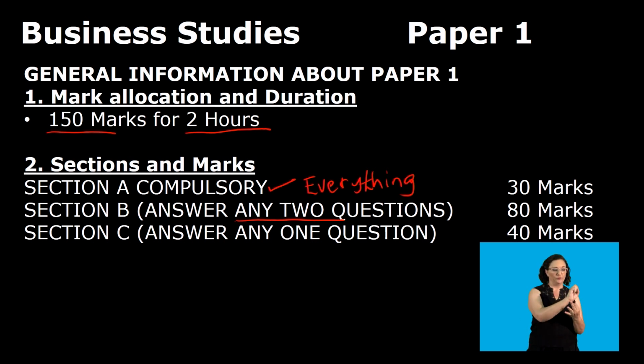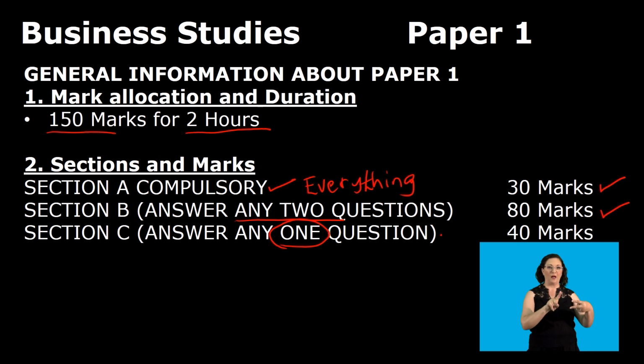I hope I'm clear. Section A is compulsory. You answer everything under Section A, and it consists of 30 marks. Section B, you answer any 2 questions out of the 3 questions that will be given, and it's 80 marks. And then Section C has got 2 essay questions, but you answer any 1. So here it's 1, and then it's 40 marks each.